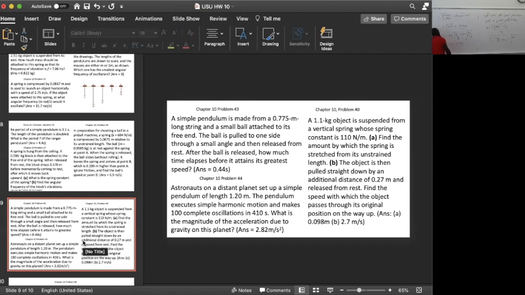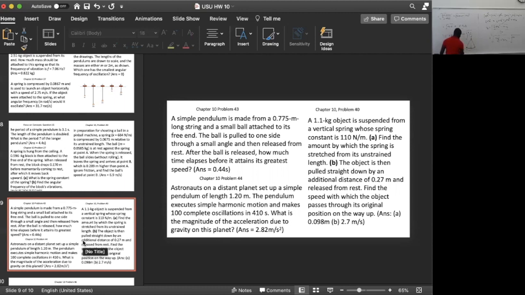So 2.199 seconds is the time it takes the pendulum to start from here, go to B, and come back. The maximum speed is here, so it passes here once and comes back.